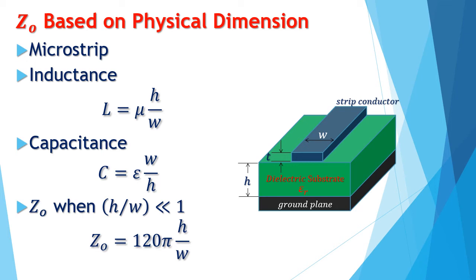Now for capacitance, C is equal to epsilon, or the permittivity, times W divided by H. So ZO can be simplified. When height over width is a lot less than 1, we can actually solve for ZO this way. The characteristic impedance ZO is equal to 120 pi times H over W.